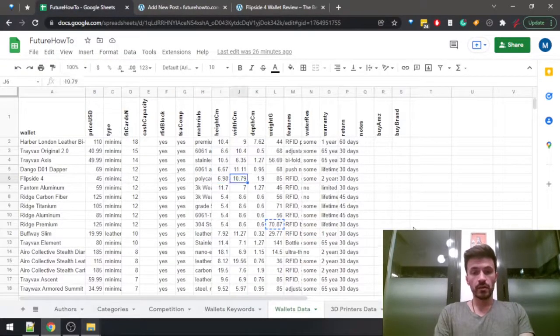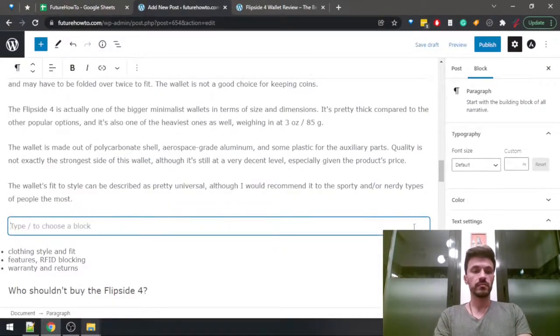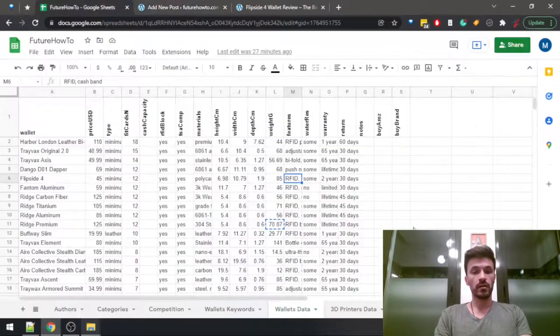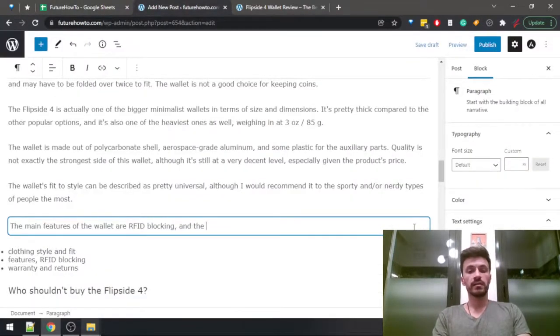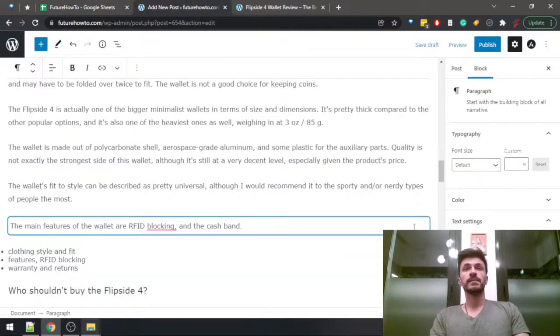Features. So it has not really that many features. The main features of the wallet are RFID blocking and the cash band. It has only 2 years of warranty and 30 days to return it.